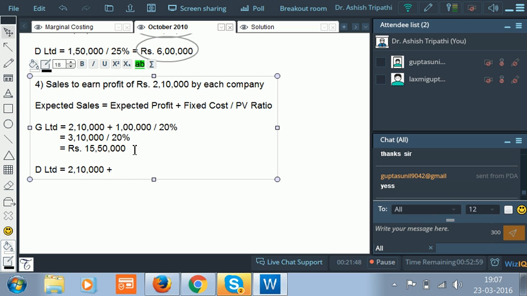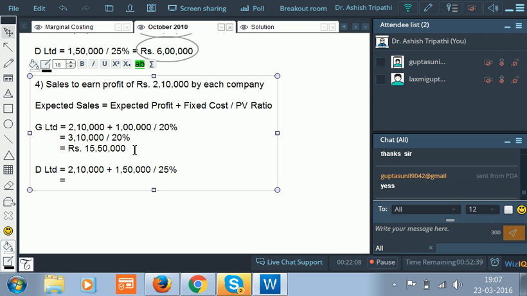What's the fixed cost of D Limited? 1,50,000. So let us put the value of fixed cost. So 2,10,000 plus 1,50,000 upon PV ratio. PV ratio of D Limited is 25%.